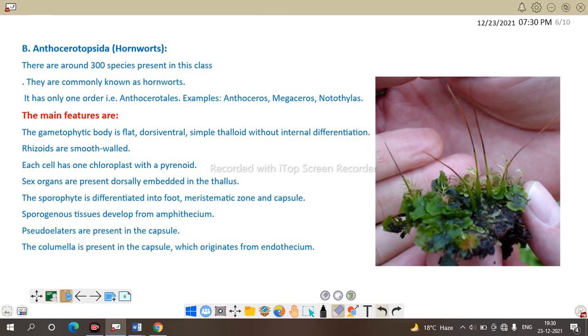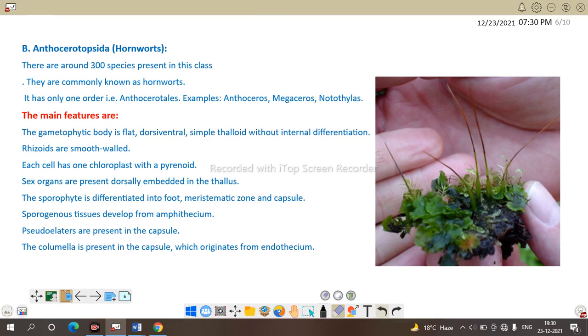The next member is Anthocerotopsida, which is commonly called hornwort. Look at the photographic image. Here are some horns on the thalloid body, so it is hornwort. Around 300 species are present under this class.